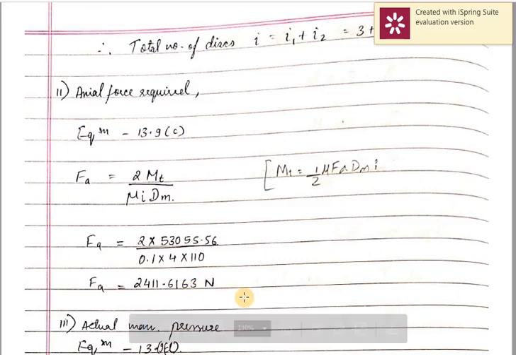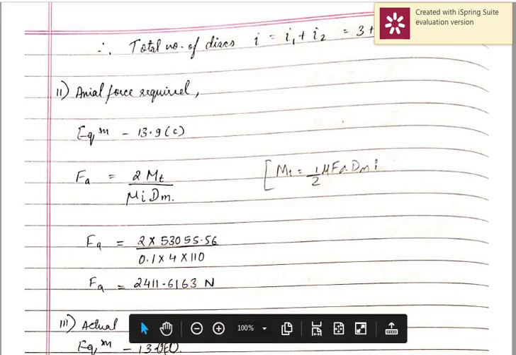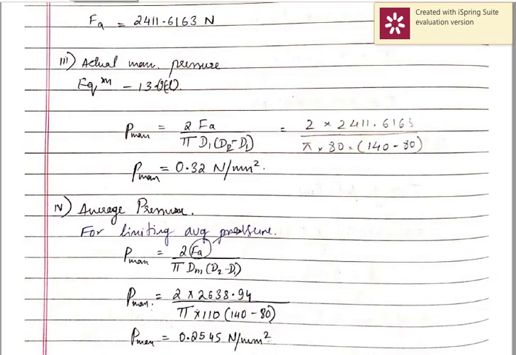Next we have actual maximum pressure. To find actual maximum pressure, let us refer equation number 13.9d. In that equation, writing it for axial force, we will write for the maximum pressure. Pmax is equal to 2Fa divided by pi into d1 into d2 minus d1.